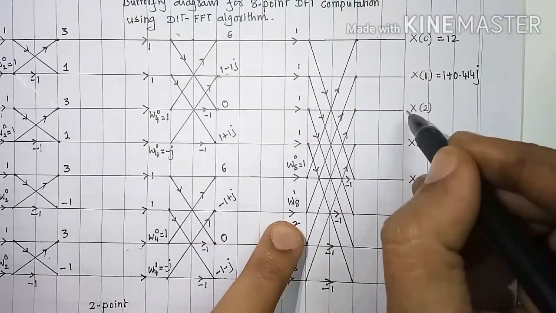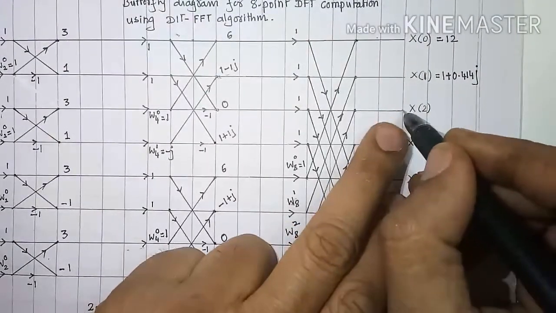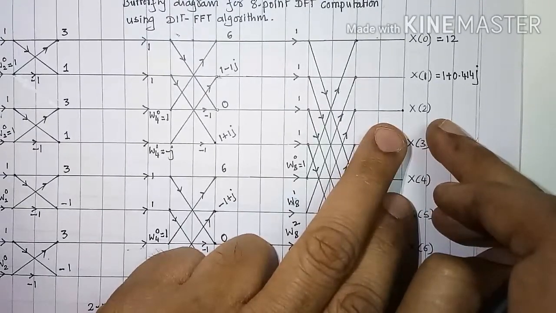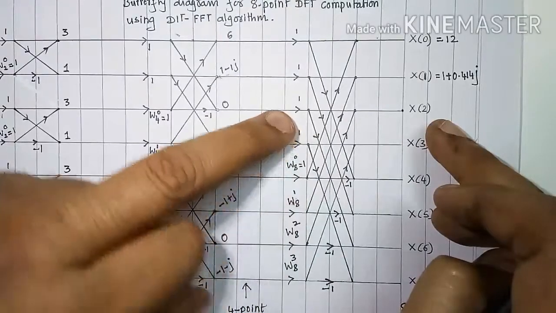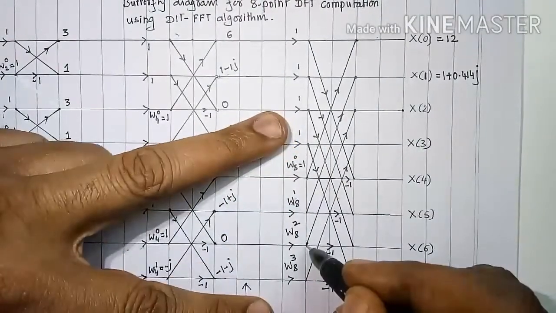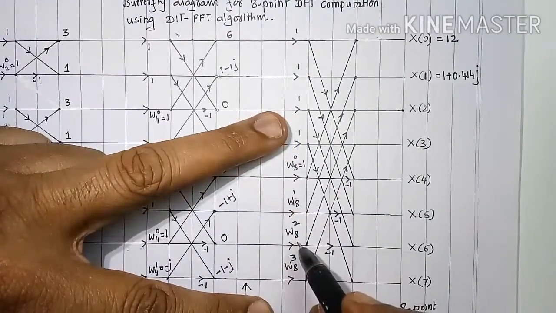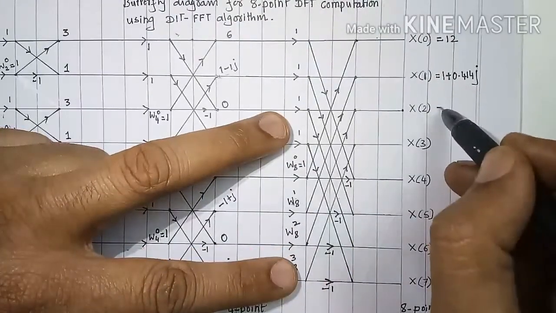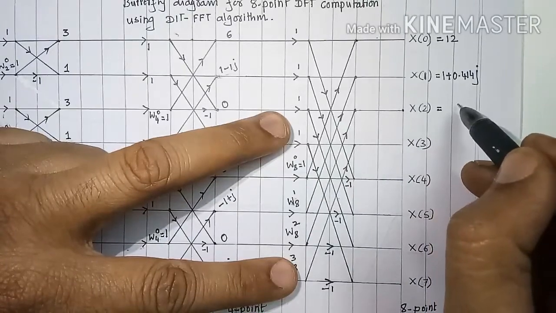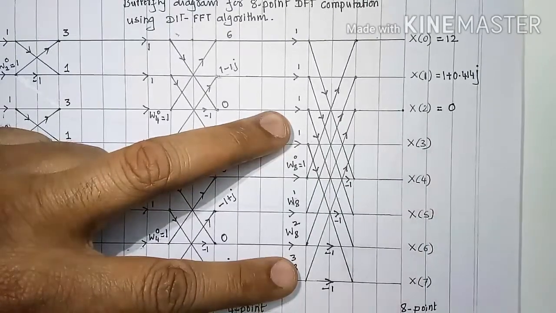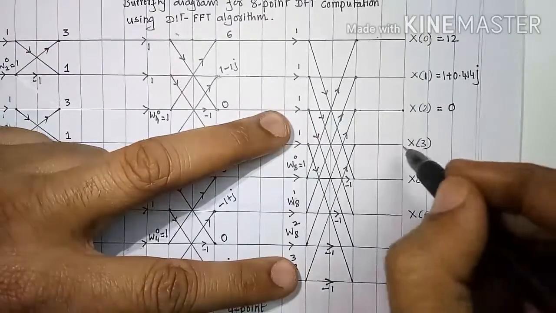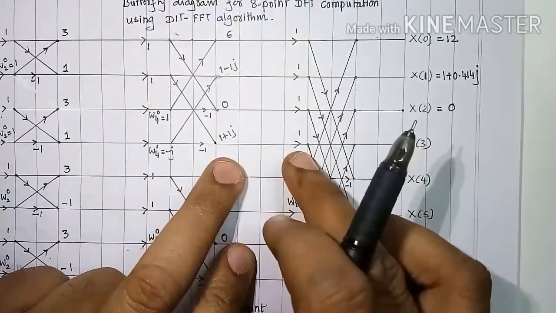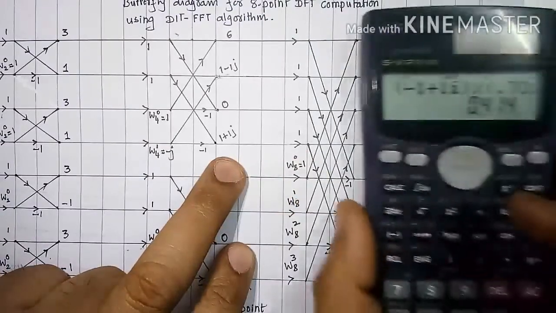Next we will compute X of 2. X of 2 is 0 into 1, 0, plus 0 into W8 raised to 2, that will be 0 only. So 0 plus 0 is equal to 0. Next we have to compute X of 3. 1 plus 1j into 1, that is 1 plus 1j only.